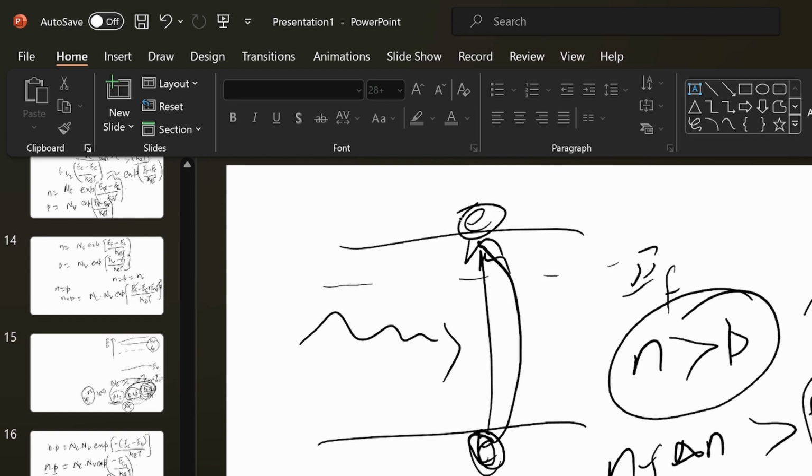This is the electron-hole pair generated because of shining the light. So if delta n electrons transit from the valence band to the conduction band, there will be delta p, this number of holes, generated in the valence band.